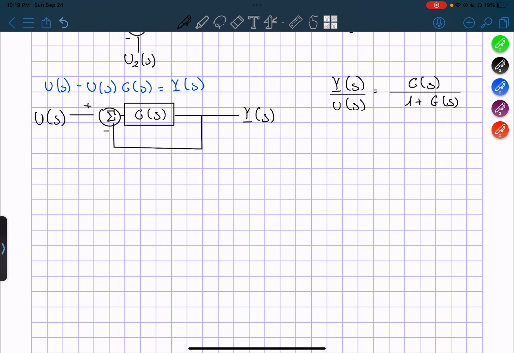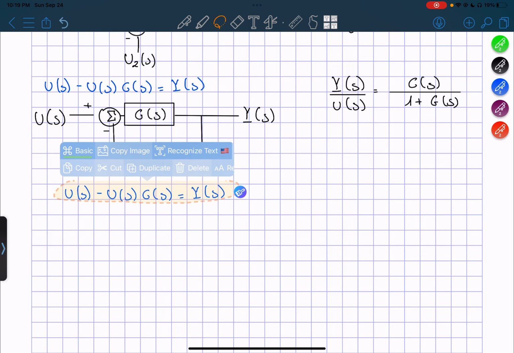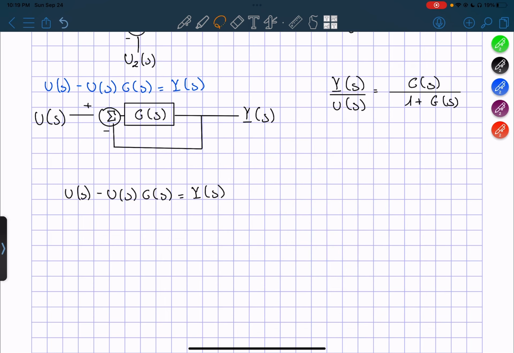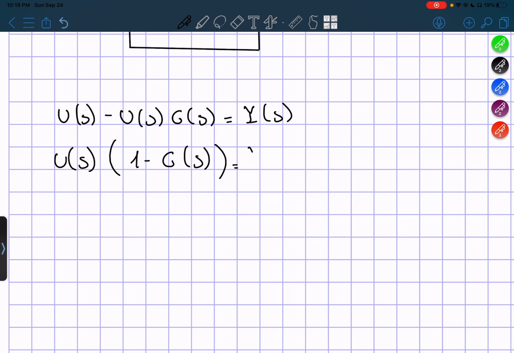Now we can test it out by taking our equation over here in the column, and then we just take out the u of s. So we have u of s times 1 minus g of s is equal to y of s.